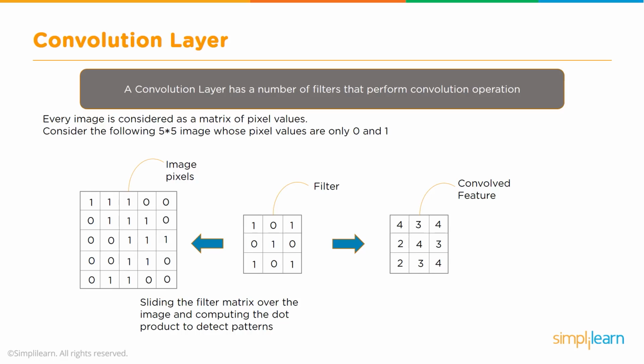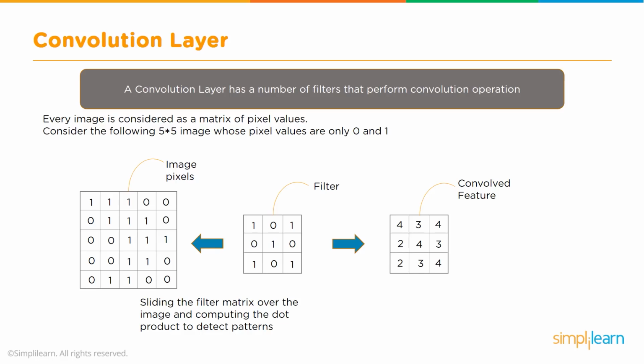And so we have our image pixels, and we're sliding the filter matrix over the image and computing the dot product to detect the patterns. And right here, you're going to ask, where does this filter come from? This is a bit confusing because the filter is going to be derived later on. We build the filters when we program or train our model.